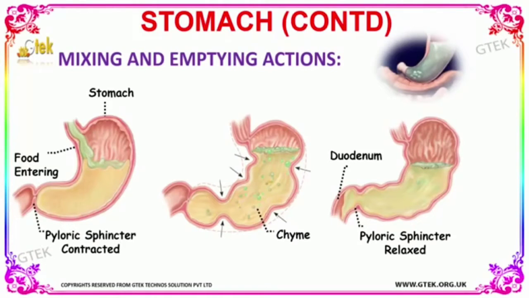Once the food is mixed with the gastric juices, your chyme is produced, which is a mixture of the food and gastric juices. After which your pyloric sphincter is relaxed and your food enters your duodenum. So this is how the stomach performs the production of chyme, the initial stage of the digestion of proteins.